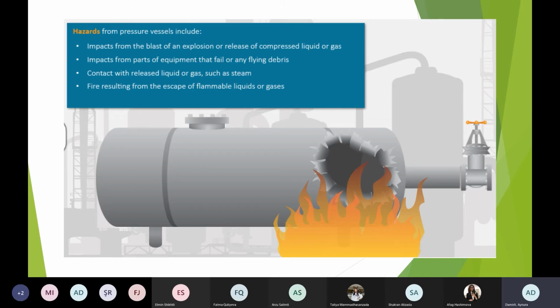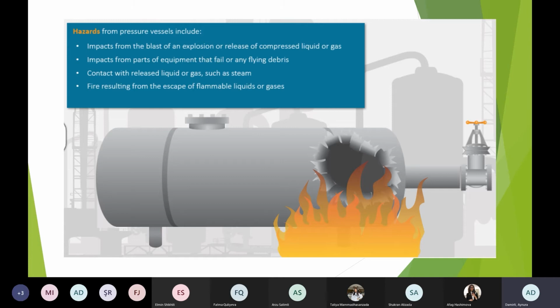Impacts from the blast of an explosion or release of compressed liquid or gas. Impacts from parts of equipment that fail or any flying debris. Contact with released liquid or gas such as steam, fire resulting from the escape of flammable liquids or gases.